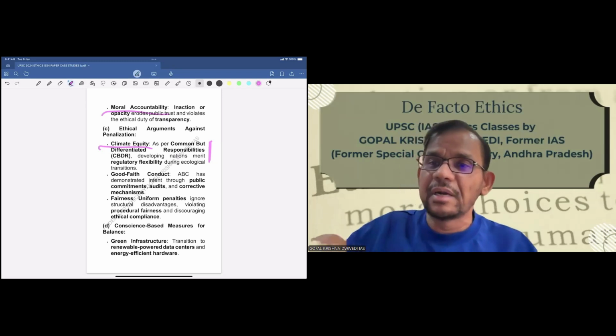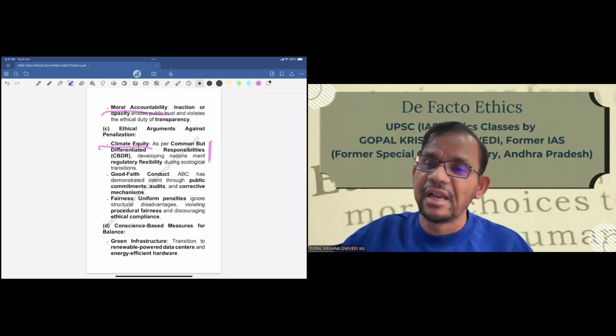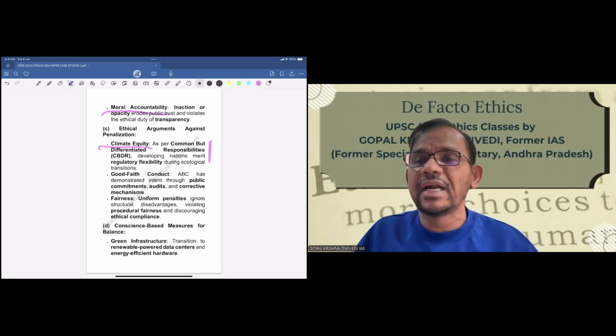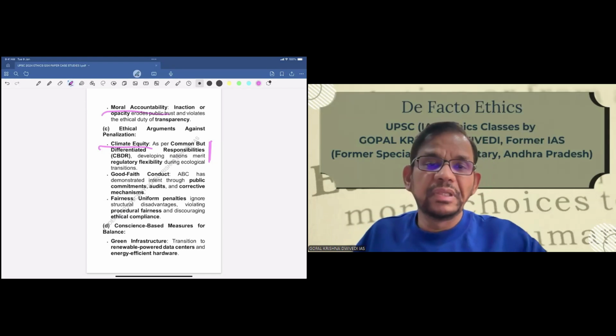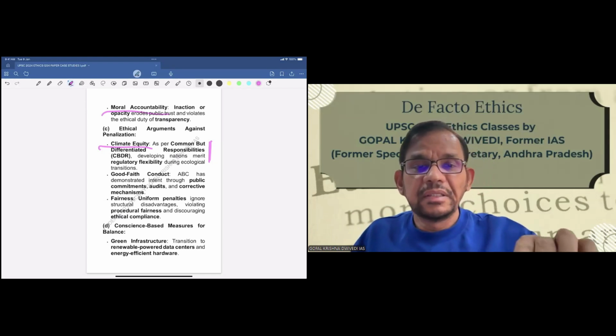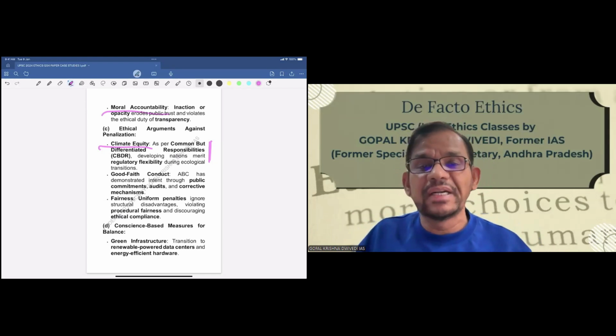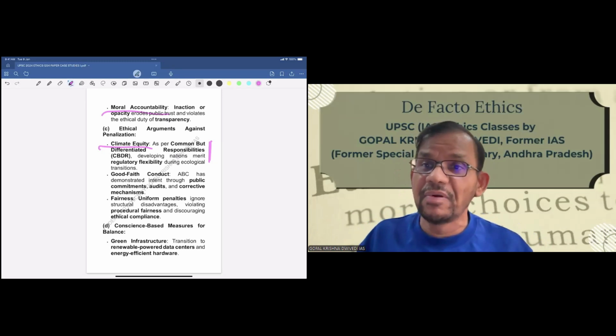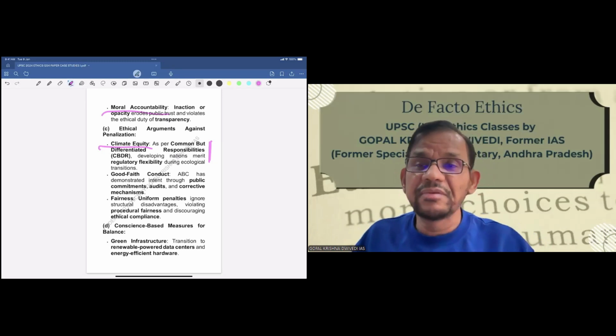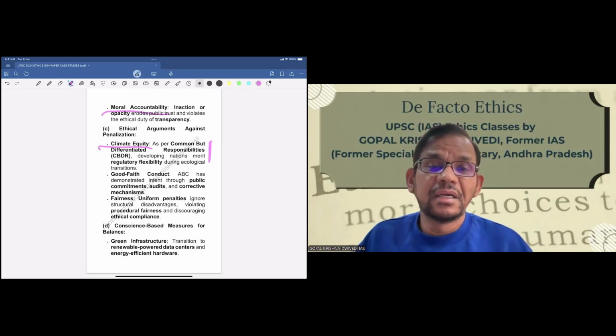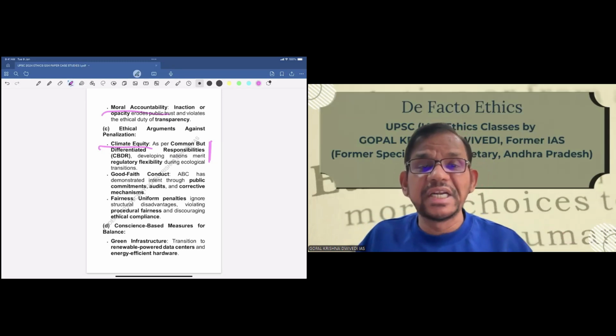So if all restrictions are put on developing countries, it will affect their development also. So there has to be regulatory flexibility as far as developing nations or third world countries are concerned. This is our first argument, the common but differentiated responsibilities.